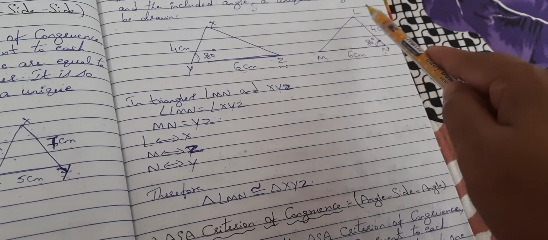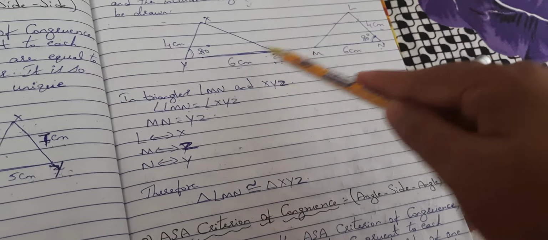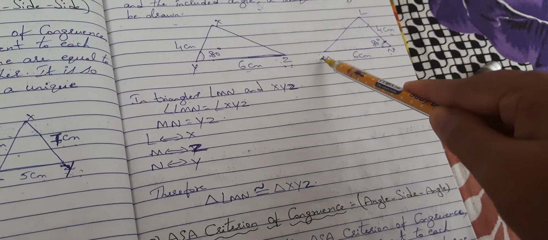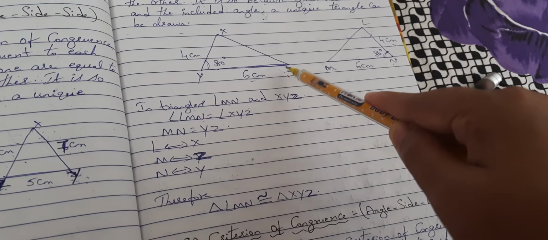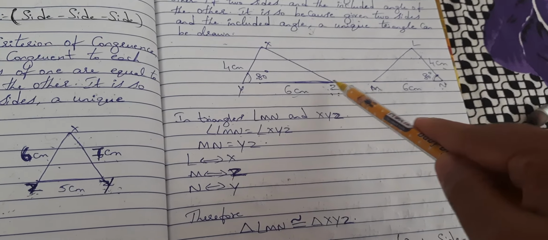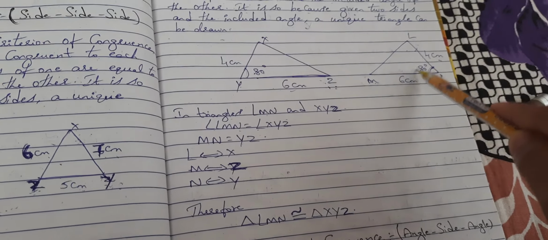Then L is corresponding to X. Now M is corresponding to what? Z. You may be thinking M will be corresponding to Y. No, because you see here 80 degrees at Y, and here N is 80 degrees.